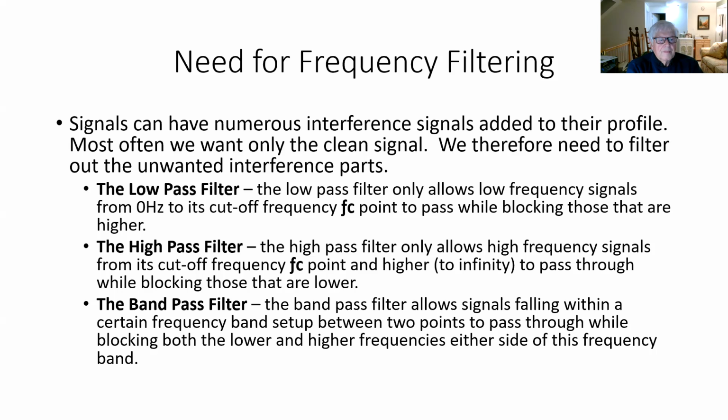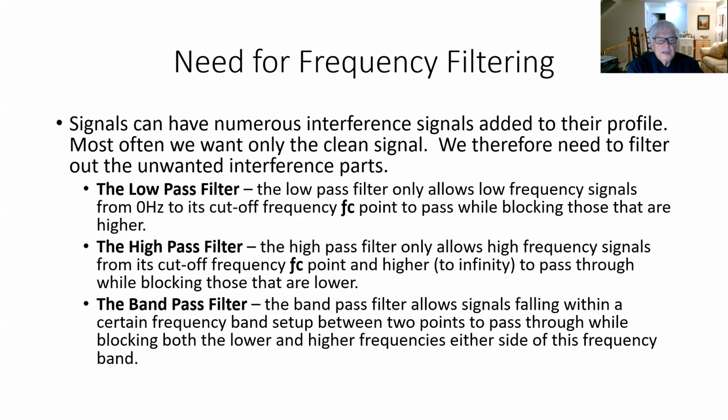Okay. The high-pass filter does the opposite. It only allows the high-frequency signals from a certain cutoff frequency on higher. So you can have a low cutoff frequency and a high cutoff frequency, depending on what type of filter you have.